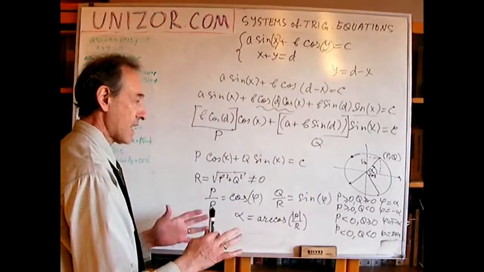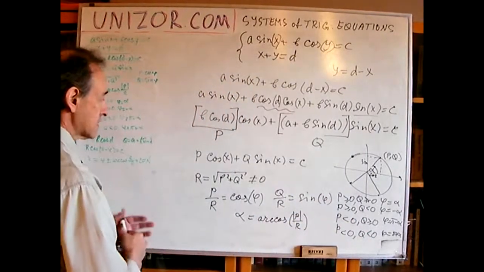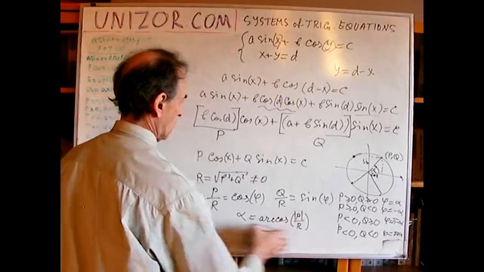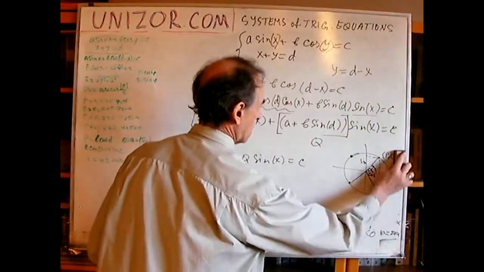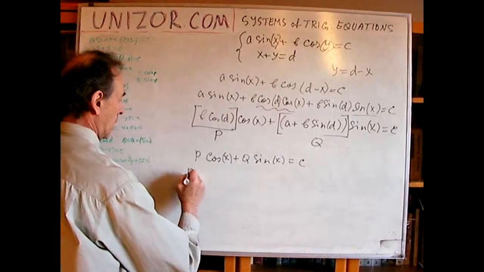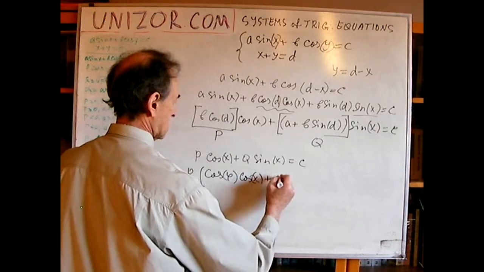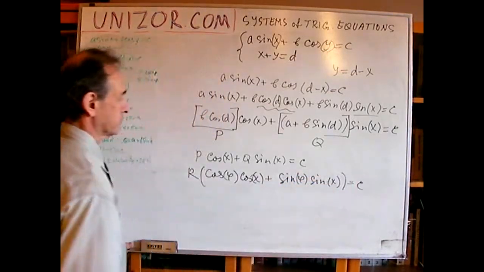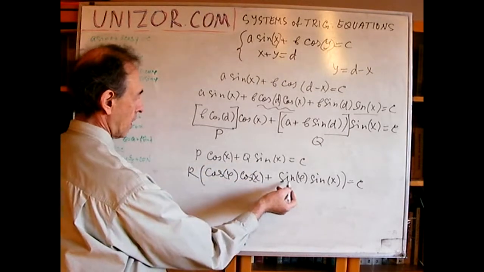Now, having that angle phi, which is calculated through alpha and these inequalities, I can say that instead of this particular equation, I can put R cosine phi cosine x plus sine phi sine x equals C. Because p over R is cosine phi and q over R is sine phi, right?